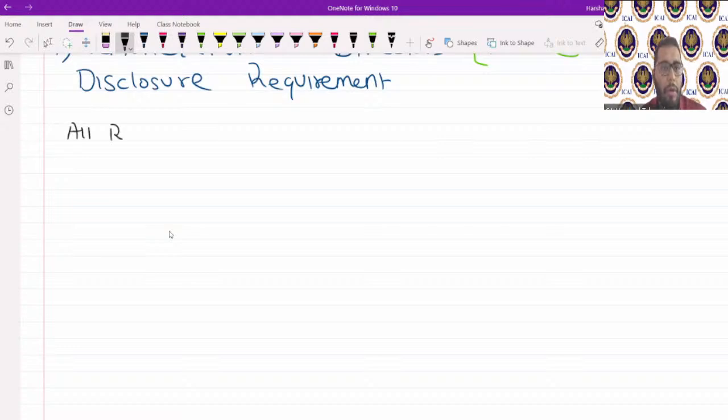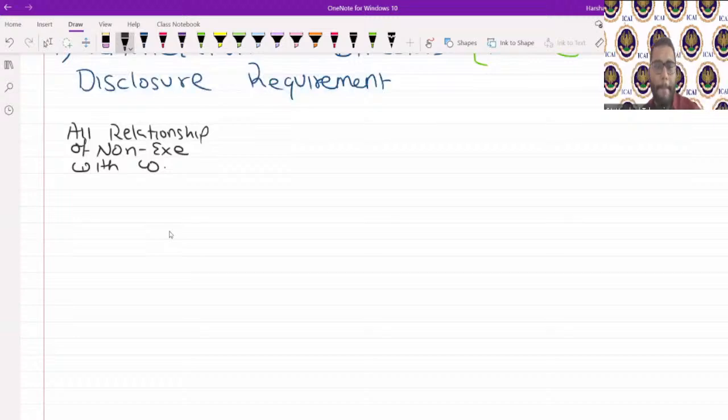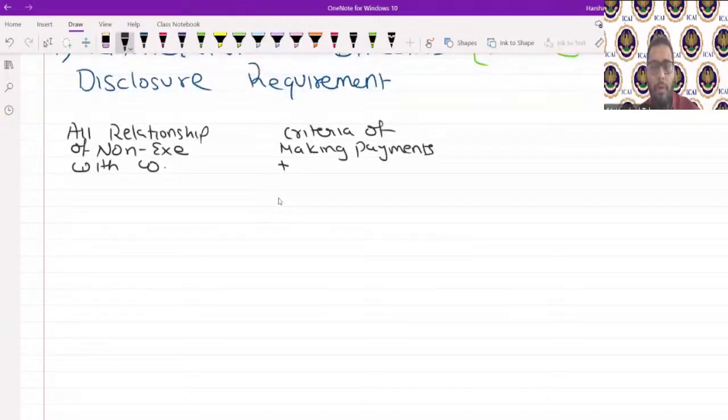Then criteria of making payments to non-executive directors.